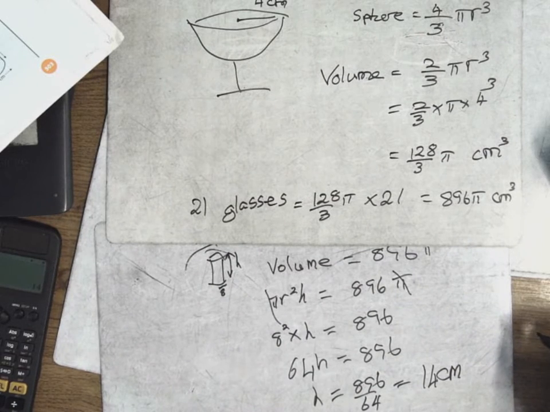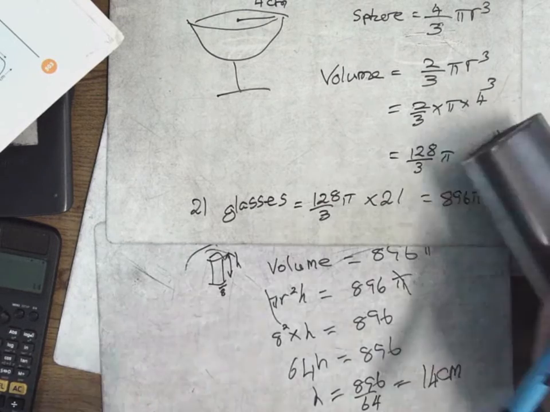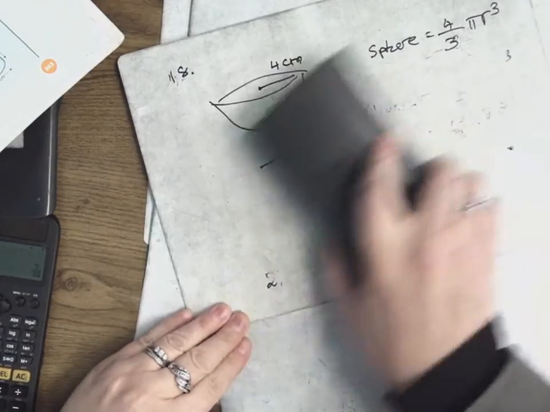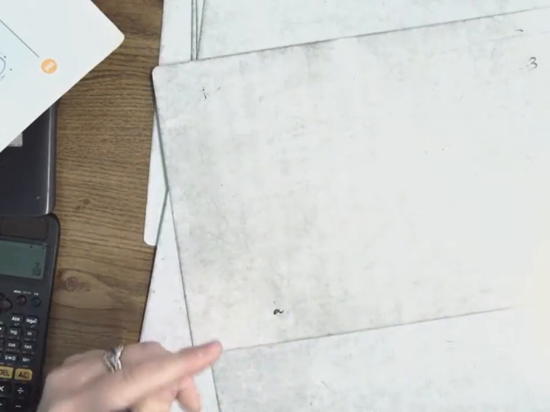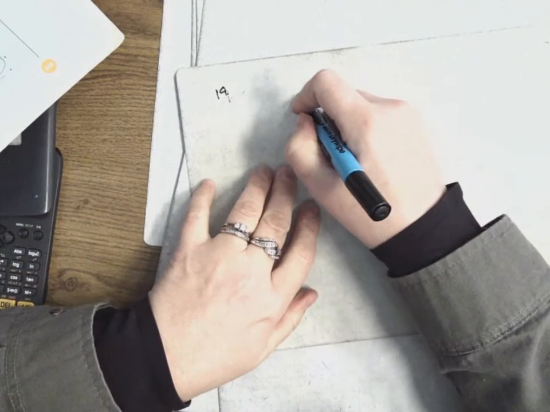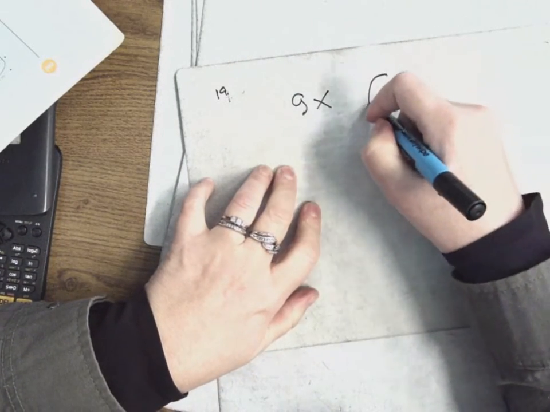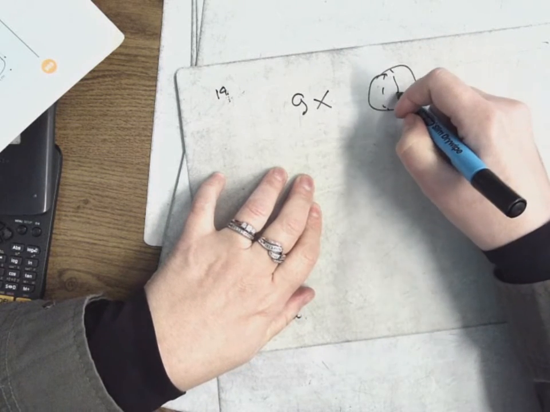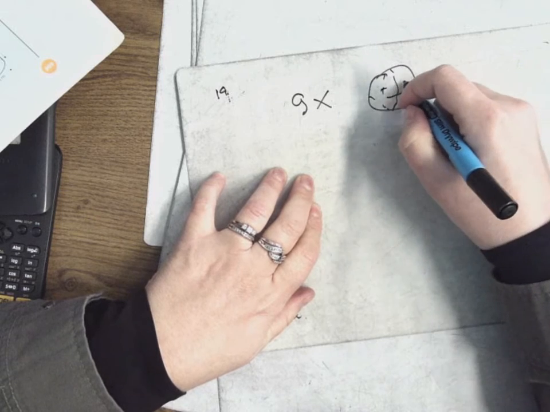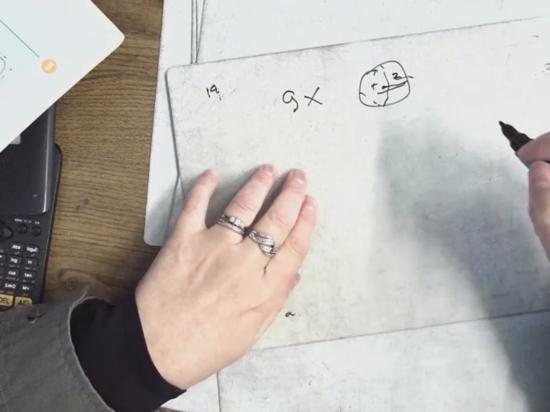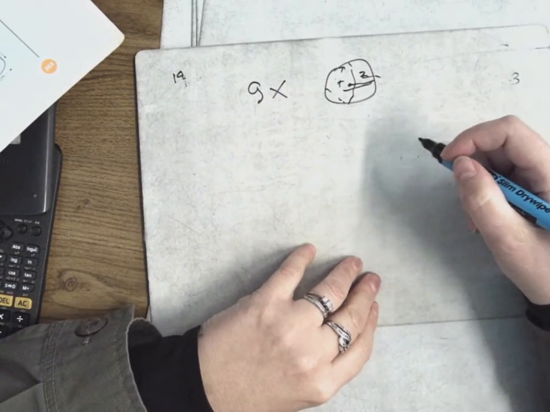Will I go on to number 19? Can I rub this off? Right, number 19 is next. 9 solid spheres, each of radius 2 centimeters, are dropped into a cylinder partly filled with water.